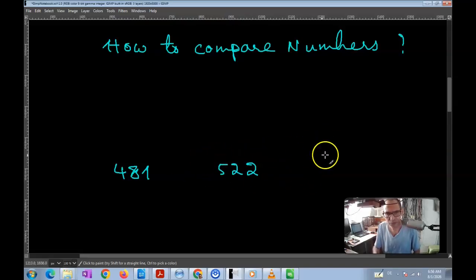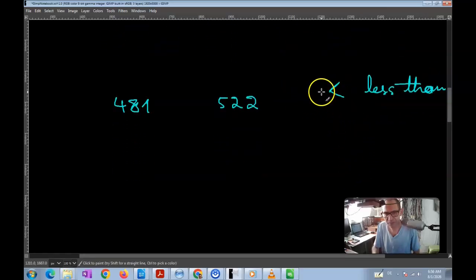And you can use two symbols here, like less than. You can use the less than symbol over here. There are two variations of this symbol in mathematics, this one and this one, right? And you know that in mathematics you come from the left to the right.